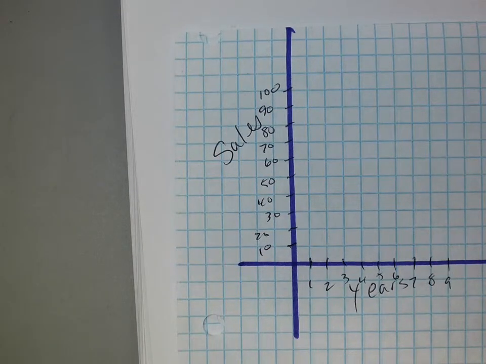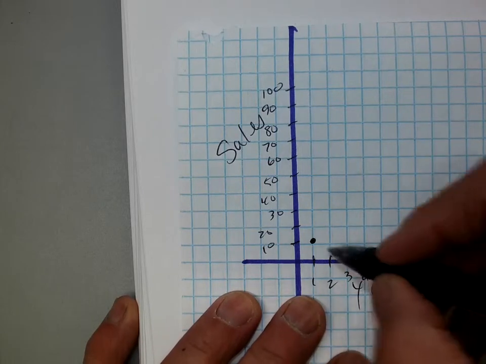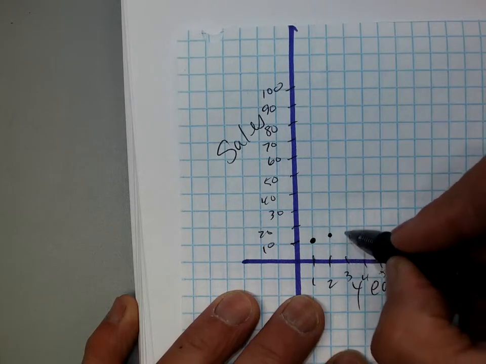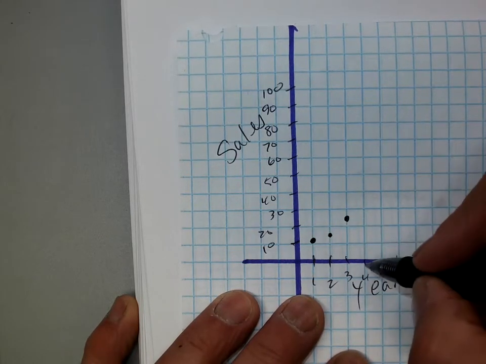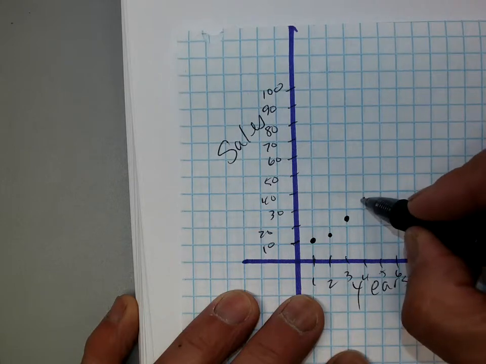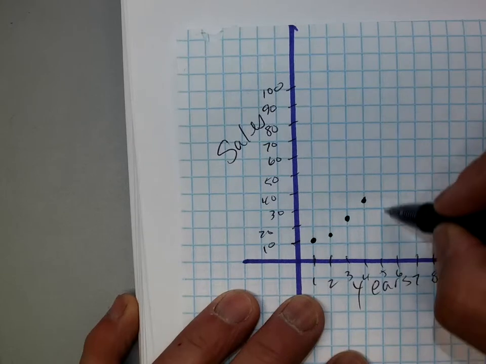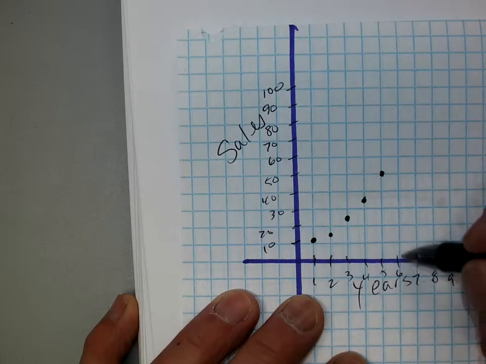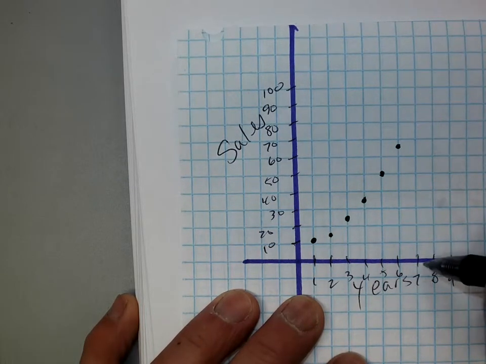So scatter plot. 1 and about 12, about there. 2 and 16, about there. 3 and 25. 4 and 36. 5 and 50, right about there. 6 and 67, and 7 and 96.